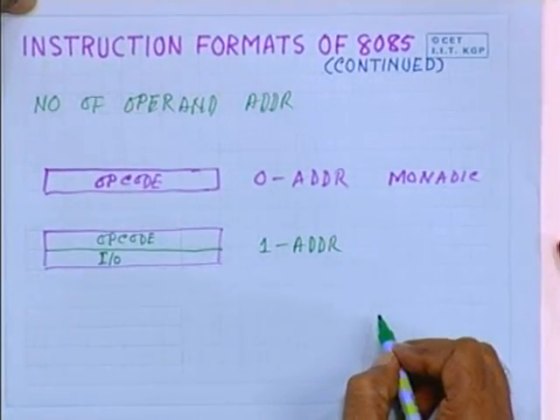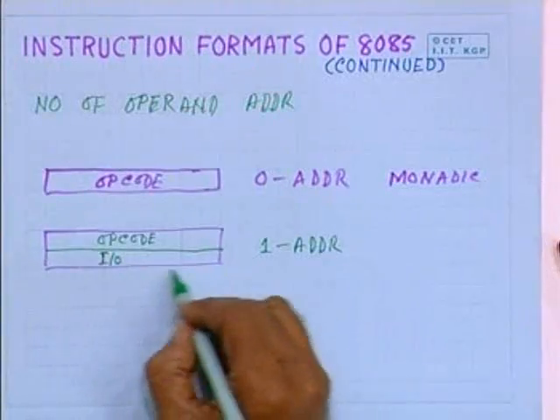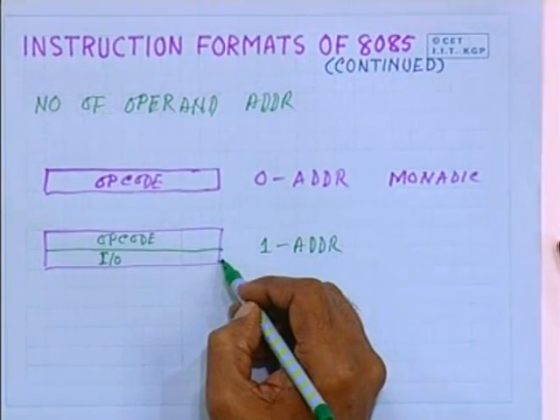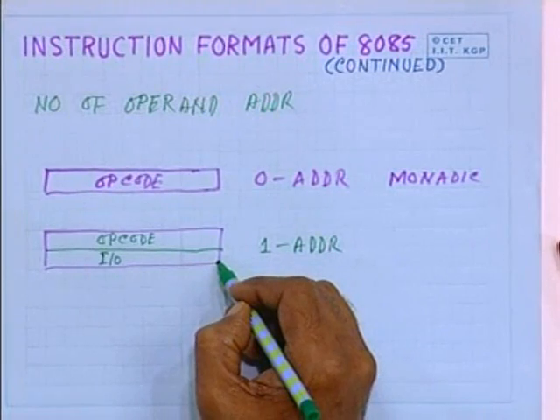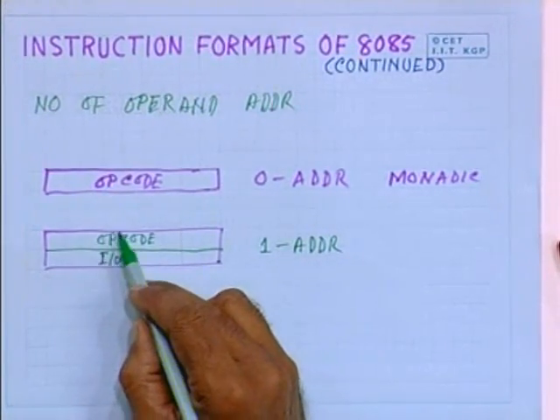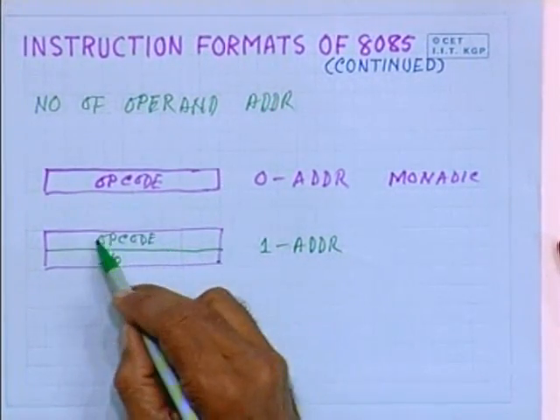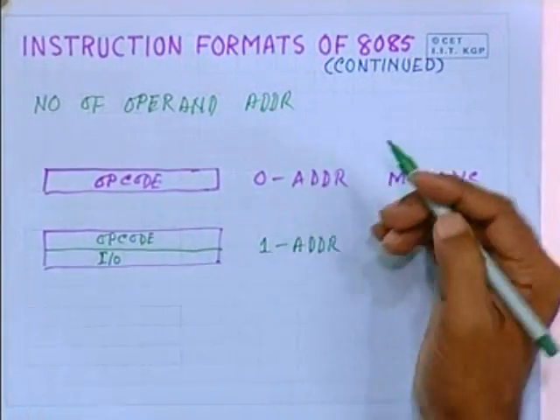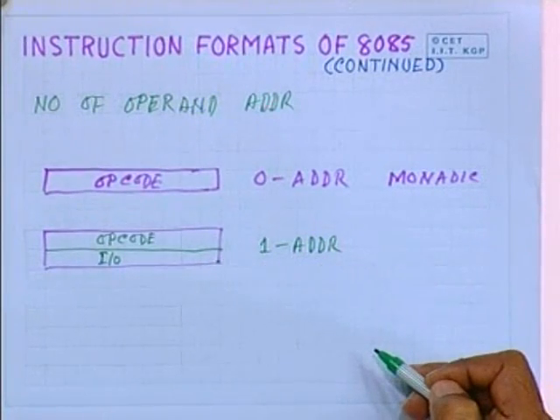As we shall see later on, the address of an IO location can be specified by 8 bits, because the number of IO addresses is 256. So an 8 bit address can be provided as part of this, and of course whenever you specify an IO address, the other operand address is implicitly specified by the opcode.